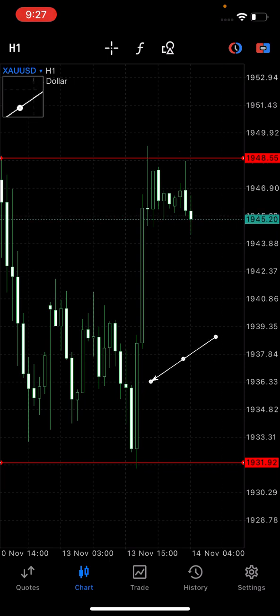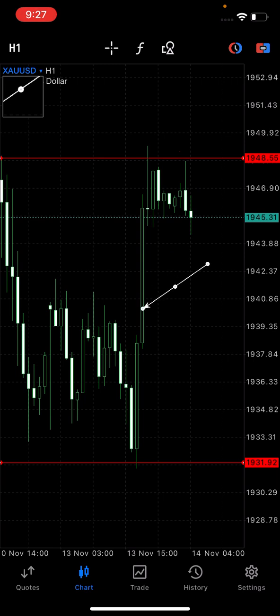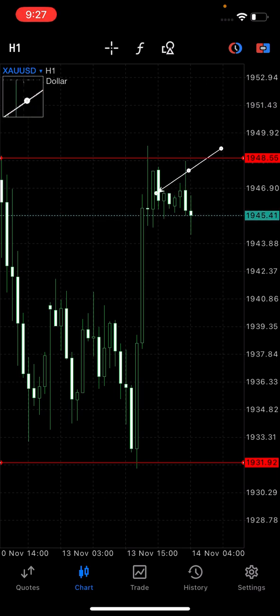And you may see a wick here, right? You may see a wick here. So really it can go either way, it might be a downtrend or an uptrend, because it really could go either way.